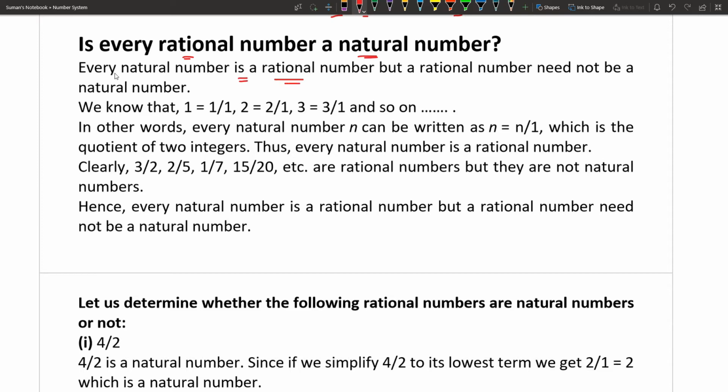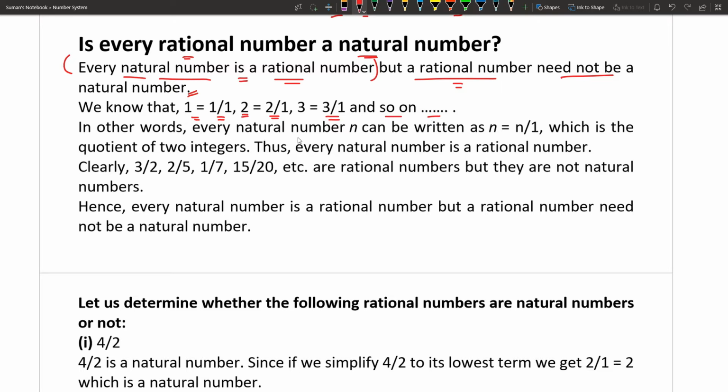We have to remember every natural number is a rational number, but a rational number need not be a natural number. Suppose 1 is equal to 1 by 1, 2 is equal to 2 by 1, 3 is equal to 3 by 1 and so on.